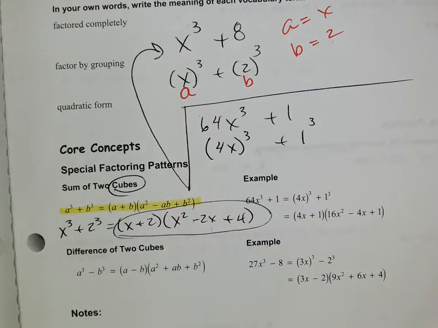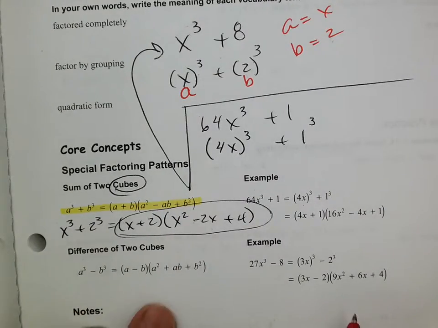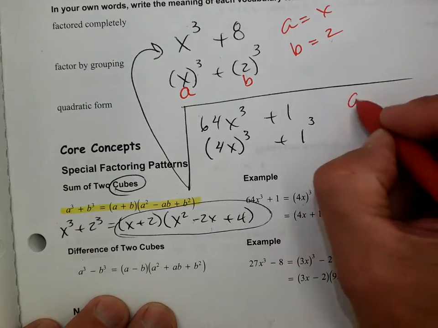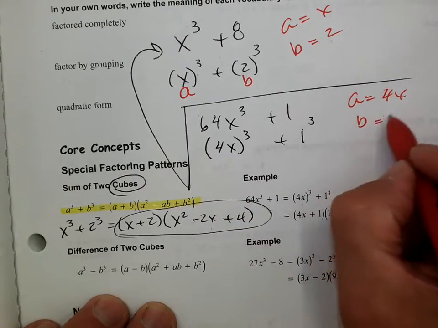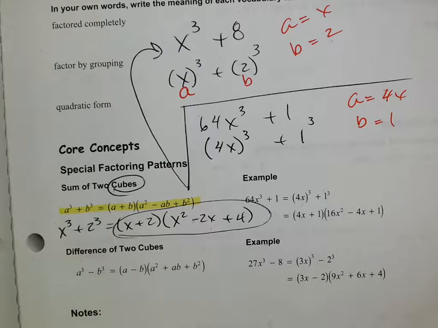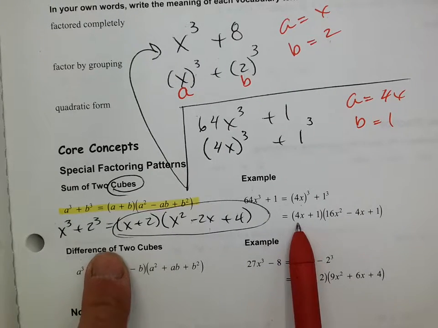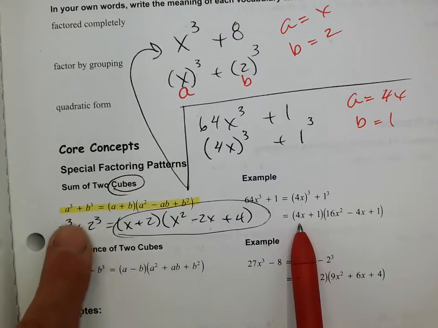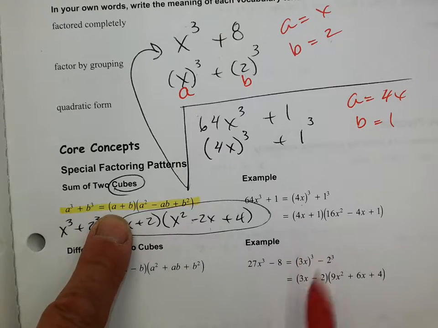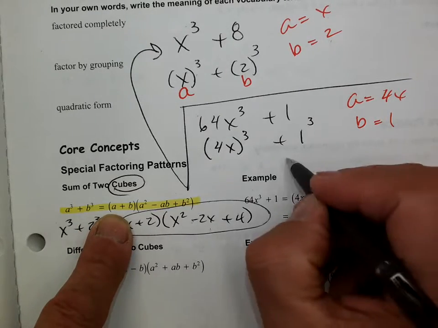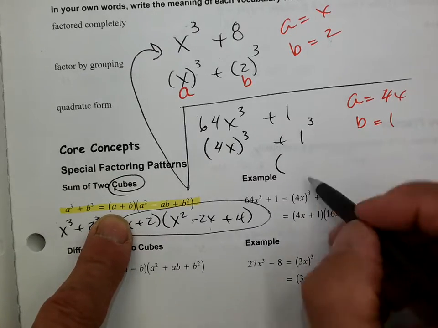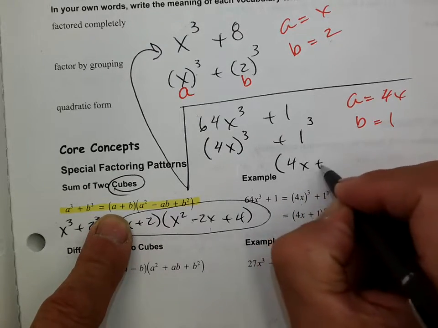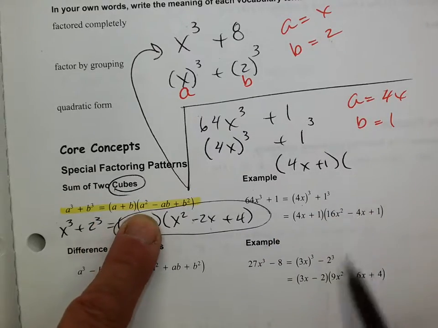Okay, now here's what we're going to do. We're going to use our formula. We're going to let a be 4x, because that's my a cubed. We'll let b equal our 1. We'll just plug it into our formula, okay? So our answer is going to be parentheses a plus b, that'd be 4x plus 1, times a squared.